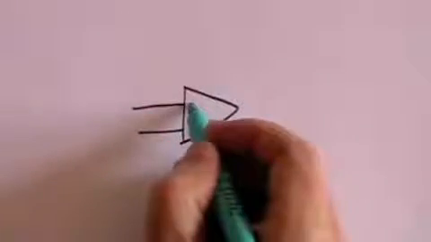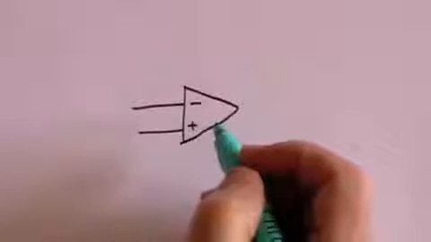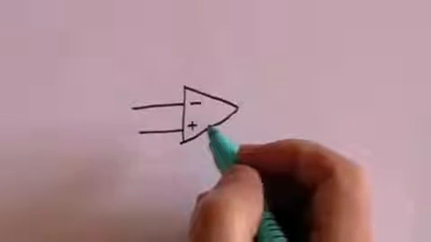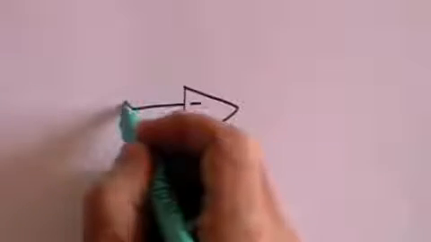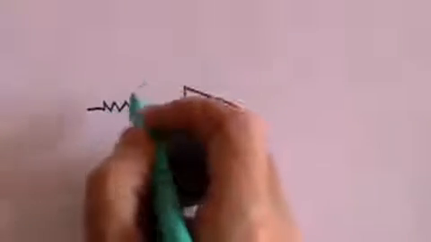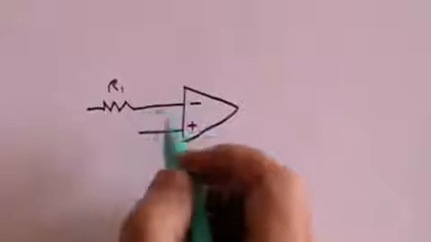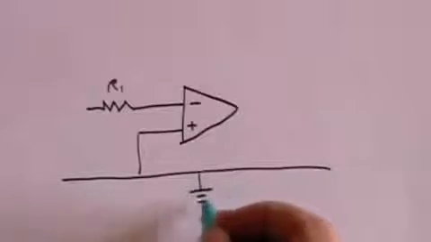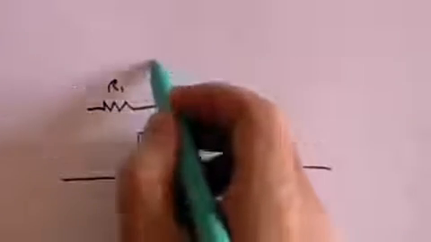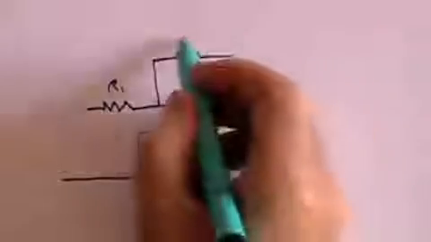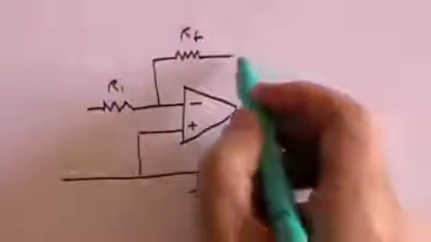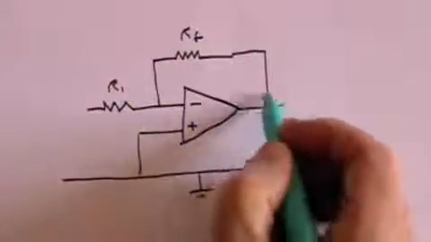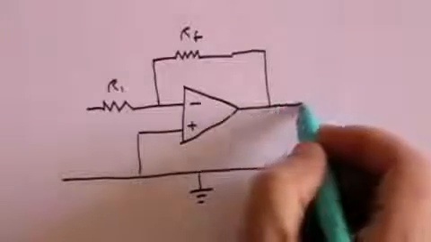Next we move on to an inverting amplifier. This uses the operational amplifier in the following way. There's the inverting and there's the non-inverting input. We have a resistance here, which we'll call the input resistance. We have a line which is earthed, and we have a resistance which we'll call RF, and that is joined to the output of the operational amplifier.